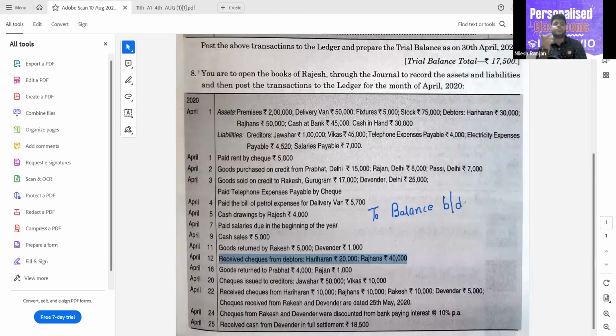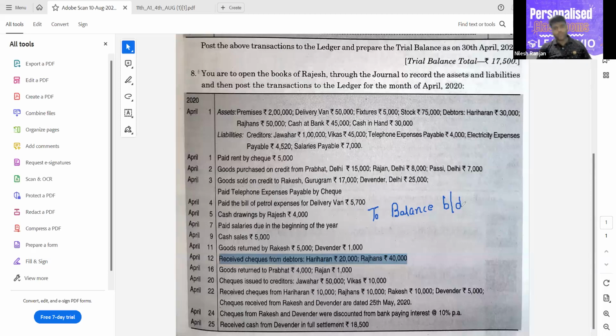Oh, very good. Now, there is one more thing. What are these expenses payable accounts? Salary payable, telephone expenses payable, electricity expenses payable. They are payable accounts, sir.